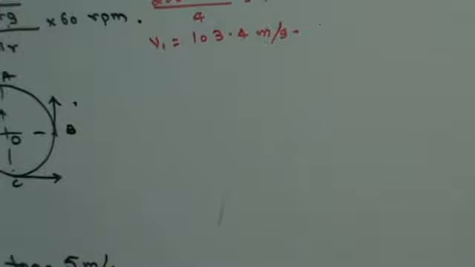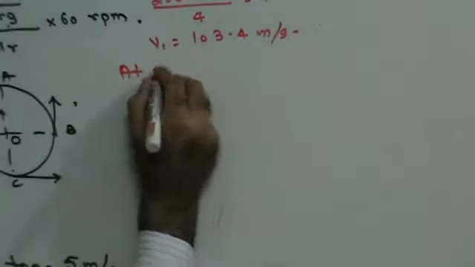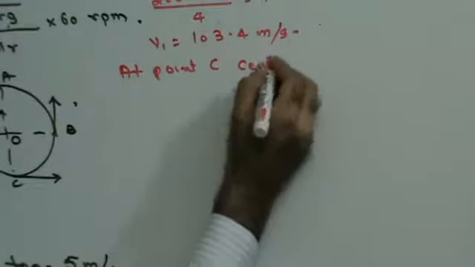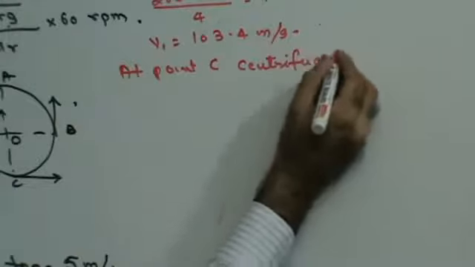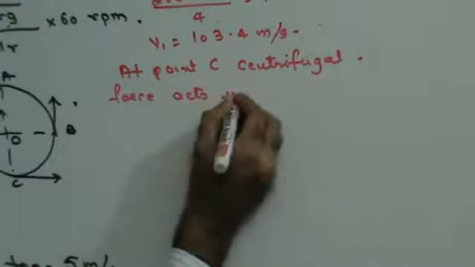Now if that is the velocity, let us try to see what forces are going to be acting at point C. At point C, the centrifugal force acts in downward direction.